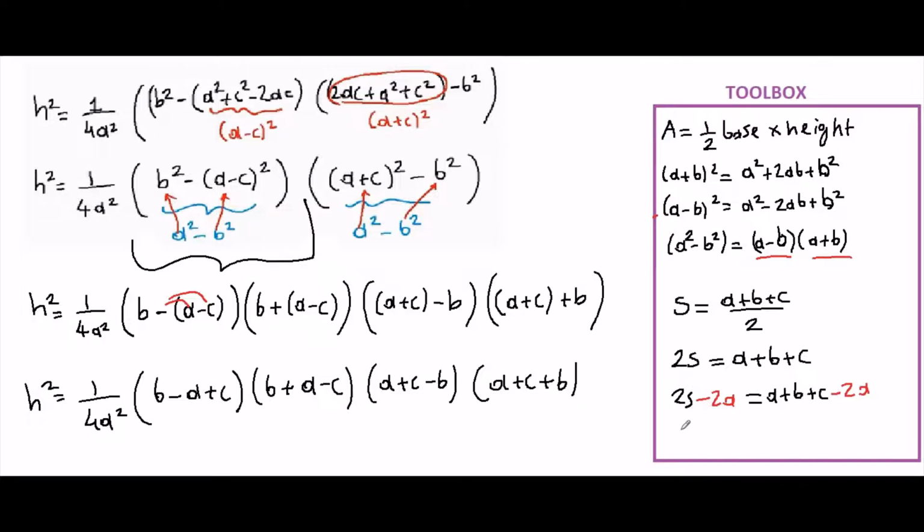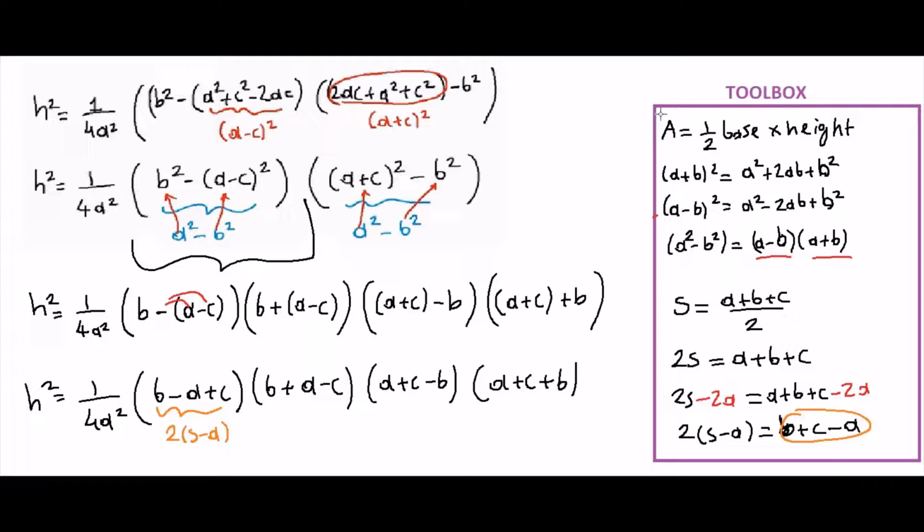Now we can factor out 2 on the left, and on the right, negative 2a plus a is negative a. So b plus c minus a is equal to 2 times (s minus a). So we can rewrite 2 times (s minus a) instead of this expression.